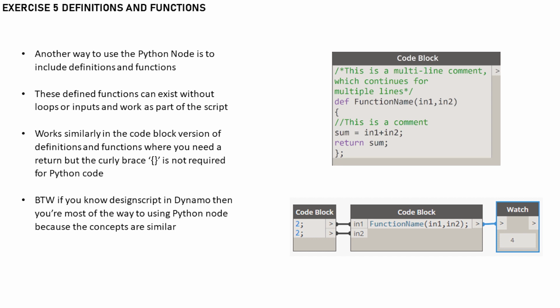It's pretty flexible. With design script, you can have a code block up here. Pretend it's your Dynamo environment. You can have a code block just floating around, touching nothing, and create a definition, a function name, not connected to anything, and then come back, create a code block, and call the function name back here.